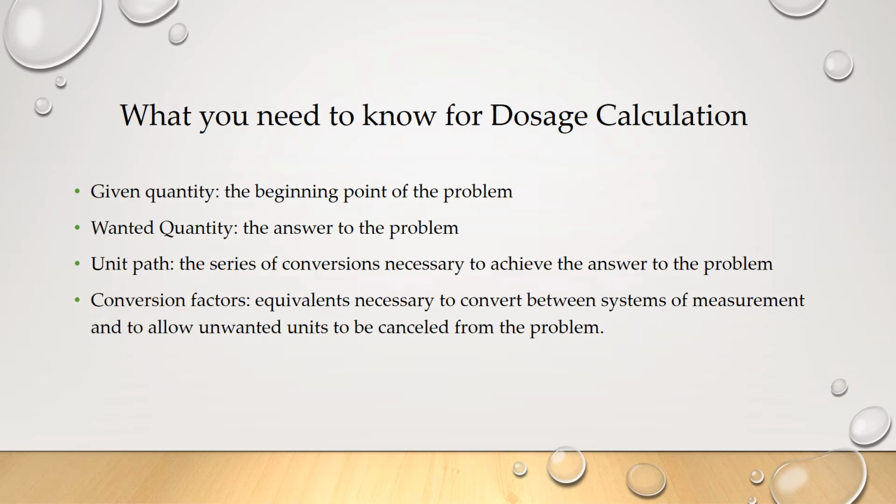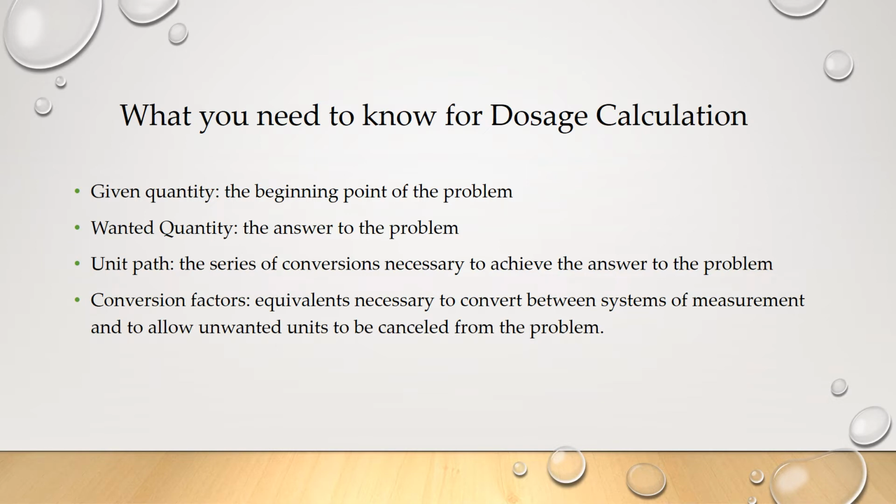So the four things that you need to know to do appropriate dosage calculation is you need to know what the given quantity is. That's the beginning point of the problem. And then we need to know what the wanted quantity is. That's the answer to the problem. Then we have to have a path. And that's a series of conversions necessary to achieve the answer to your problem. So we have to know conversion factors.